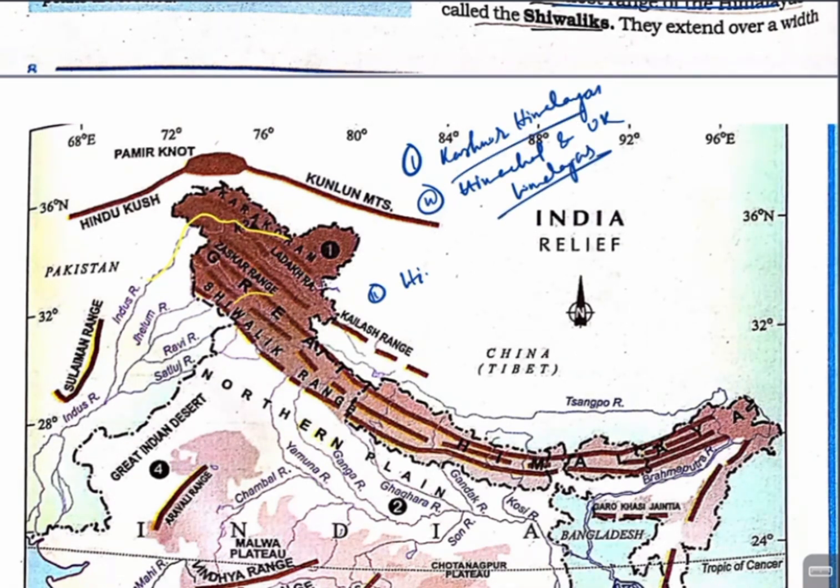So Uttarakhand and Himachal Himalayas is extended between the river Ravi and Kali river. This region is also called the cold semi-arid region.